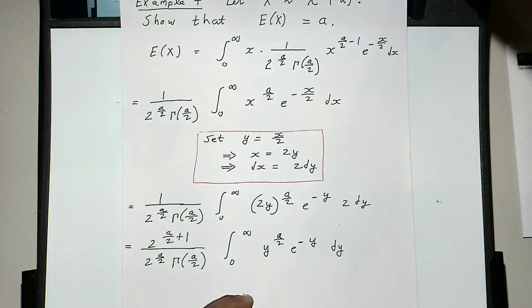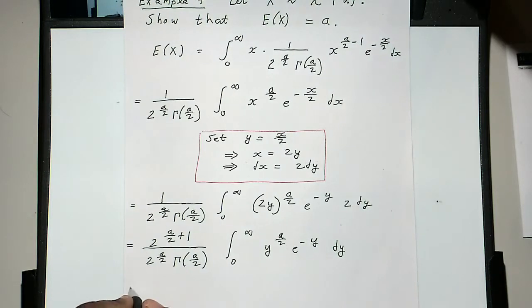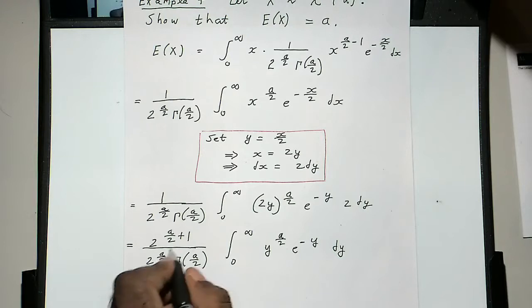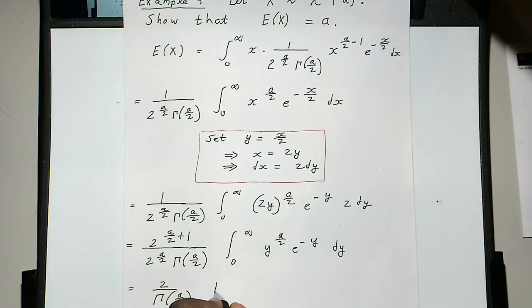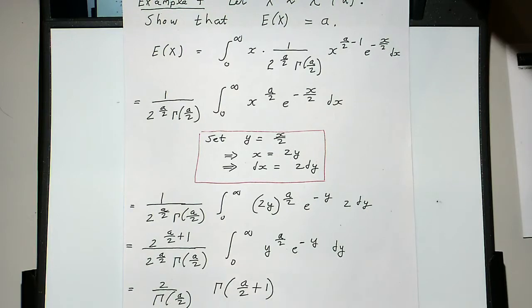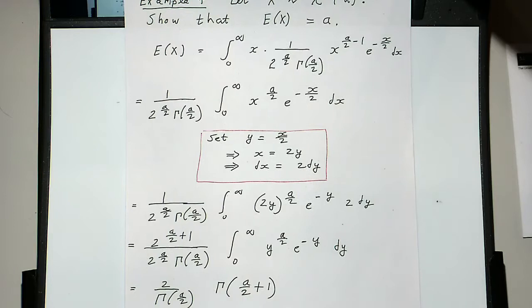Using the definition, these two cancel out, so this is 2 divided by the gamma term. This is using the definition, on the very top equation on this slide here, right?